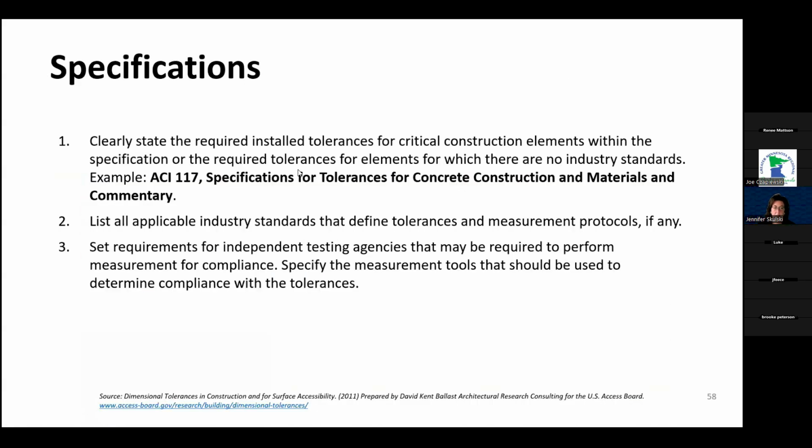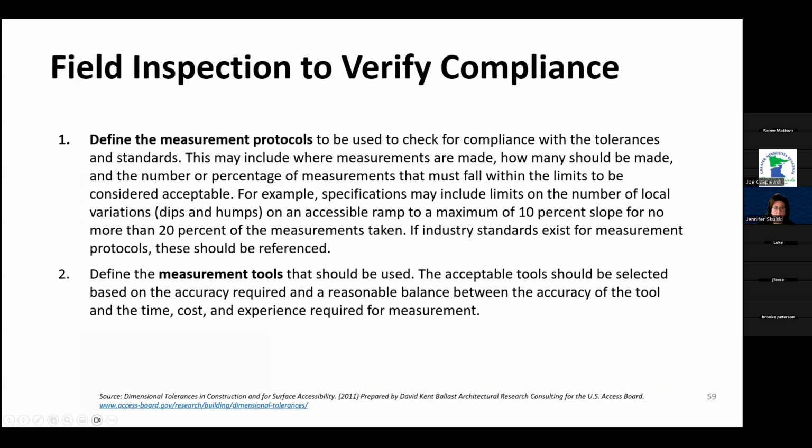So, building into your specifications the construction tolerances, and this again goes back to the ballast report. Define your measuring tools. I mentioned last time that when we're looking at accessibility, we're using a 2-foot, 24-inch level, because that most closely replicates the footprint of a wheelchair, either manual or electric. We don't want to be using a 6-foot or a 10-foot level because you're not going to get all the little dips in the middle of that tread.